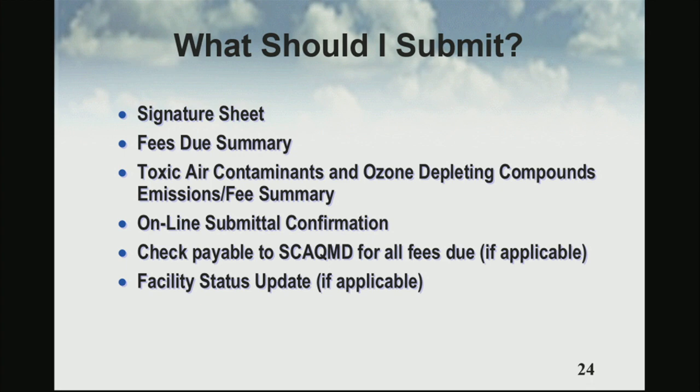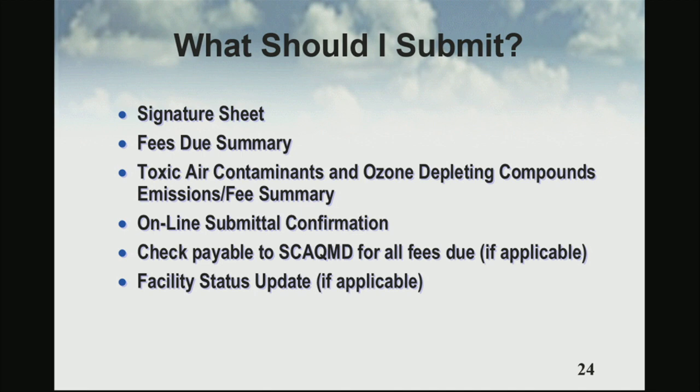And the facility status report. This form is used only for facilities that are relocating, or going through a change of ownership, or using a specific emission factor that was developed for their own facility that they would like to let us know about, or where there is a drastic change in their emissions. For example, your emissions have been reduced by 50%.